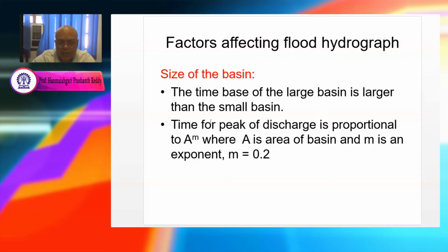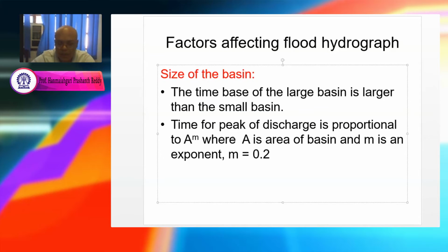Then the size of the basin and the time factor, that is, the time for the peak. Again, after studying various sizes of watersheds, a relation has been established between the time for peak versus area.